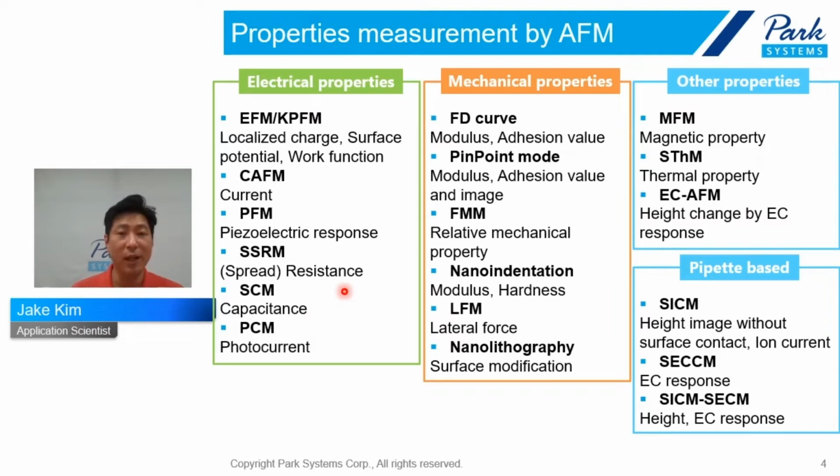And we can also measure the modulus and adhesion value, and like this, the relative mechanical property or hardness and lateral force can be investigated. And other properties, of course, we can measure by AFM.